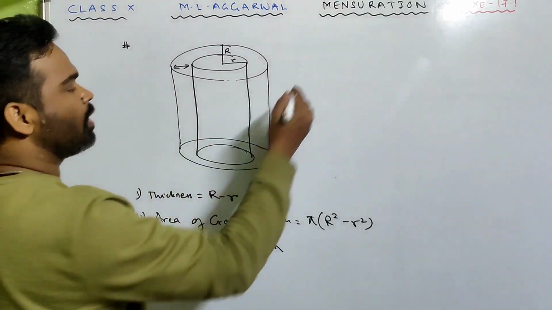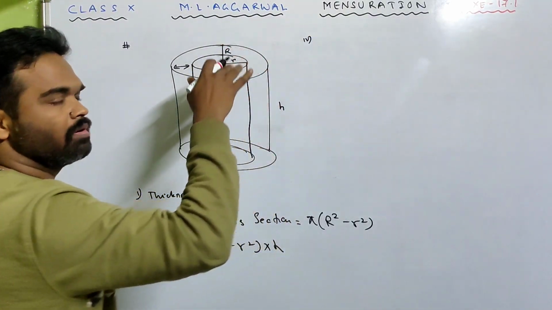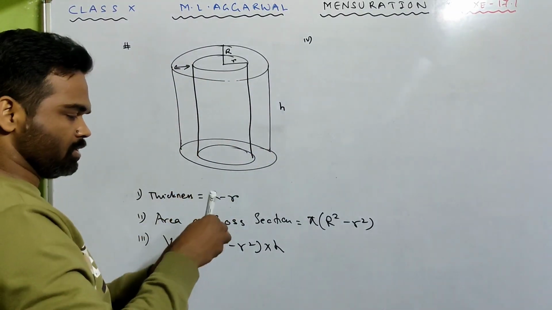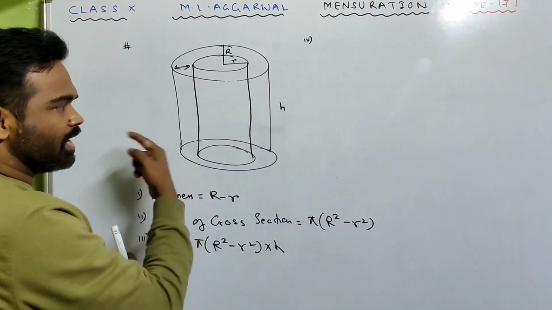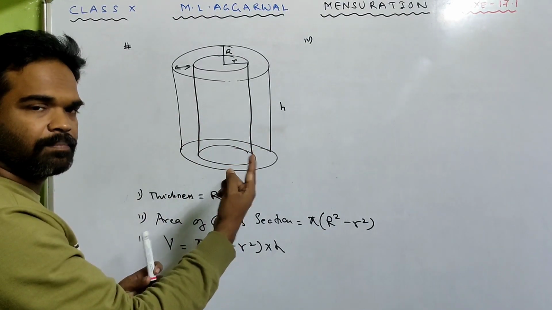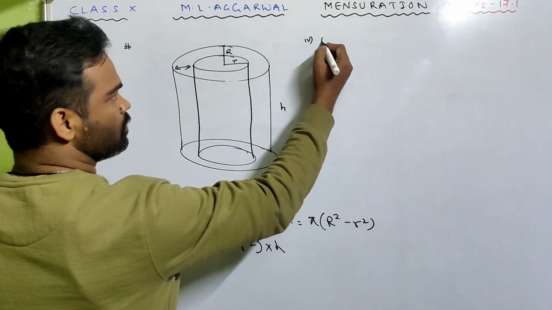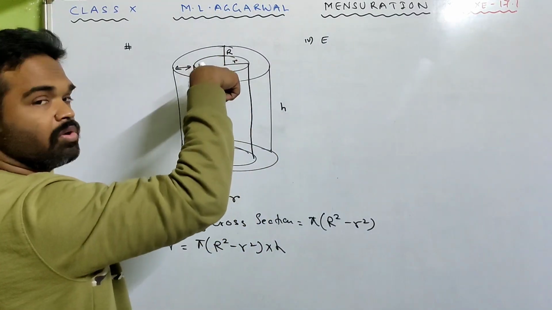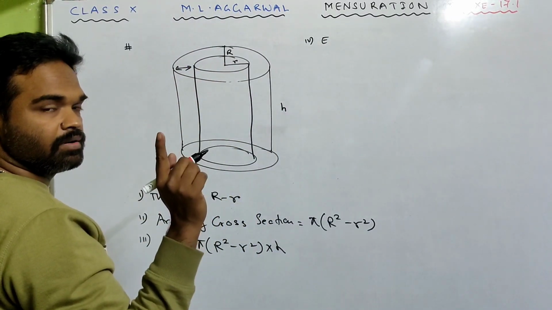Now when you talk about surface area, first of all, curved surface area. Now when you talk about curved surface area, which means this part, we'll have an external curved surface area, because there are two faces, external and internal also will have a curved surface area.